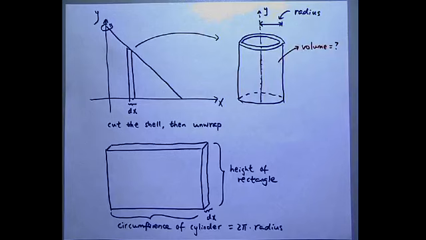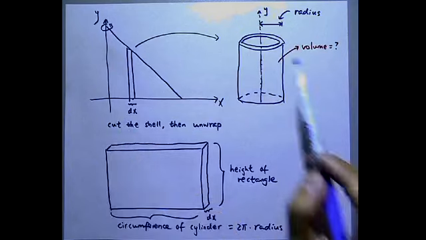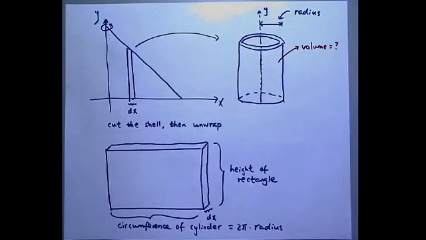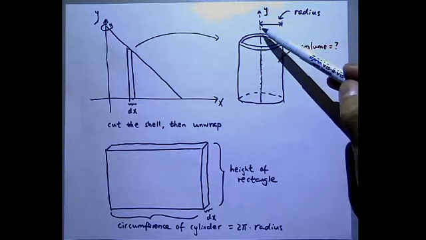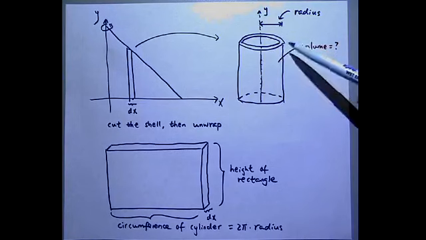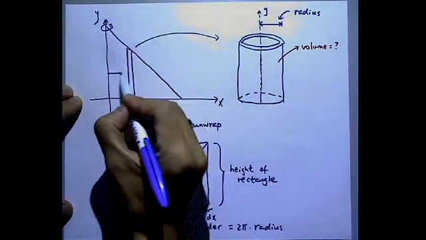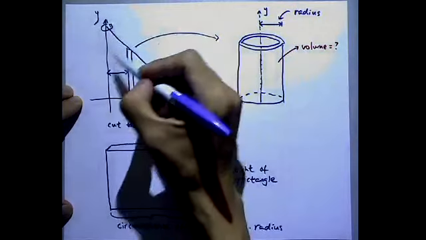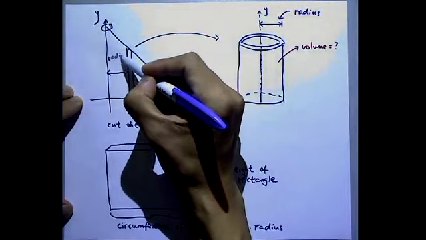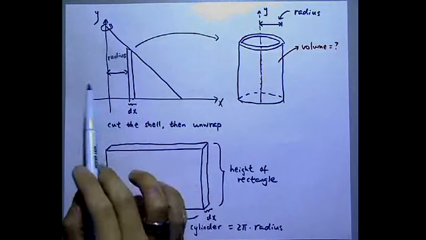We don't really care whether it's inside or outside, because in the end, we're going to shrink dx to almost 0. So the distinction between inside and outside is totally irrelevant at the end. So let's just, for simplicity, say it is from the axis of revolution to the outside of the shell, which, if you look at where it came from, that's right here. This is the radius. The radius is measured from the rectangle to the axis of revolution.